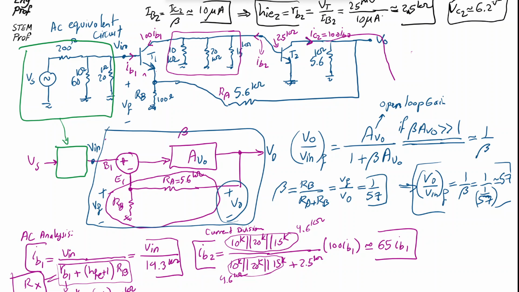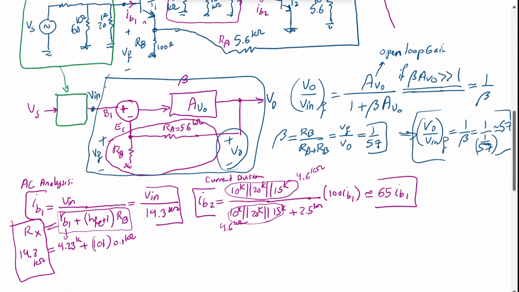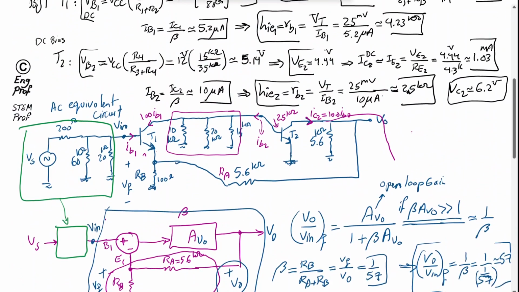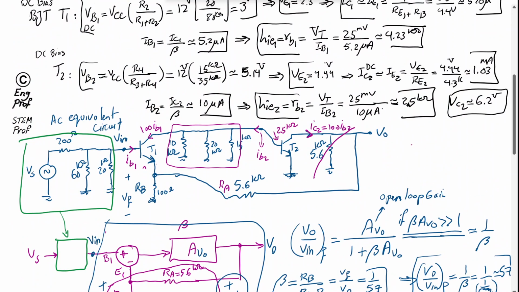So therefore the effective collector resistance, or impedance, as observed this way is 5.6K parallel with roughly 5.6K. This current IC2 we found is flowing through this effective impedance, so it causes a positive voltage.